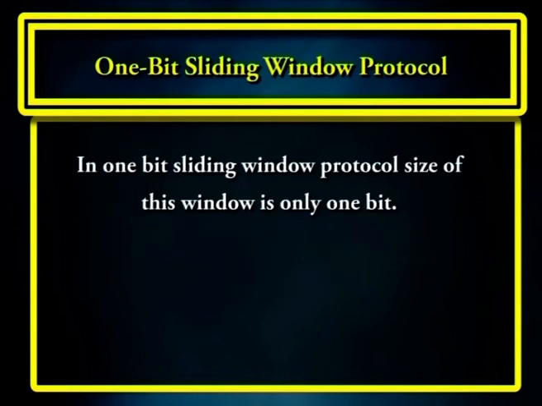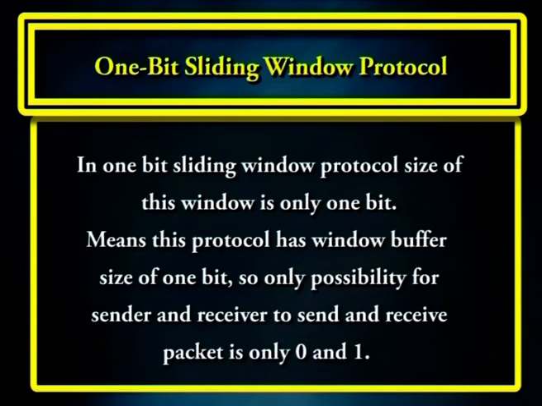In the 1-bit sliding window protocol, the size of the window is only 1 bit, meaning the window buffer size is 1 bit. So the only possibilities for the sender and receiver to send and receive a packet are 0 and 1.